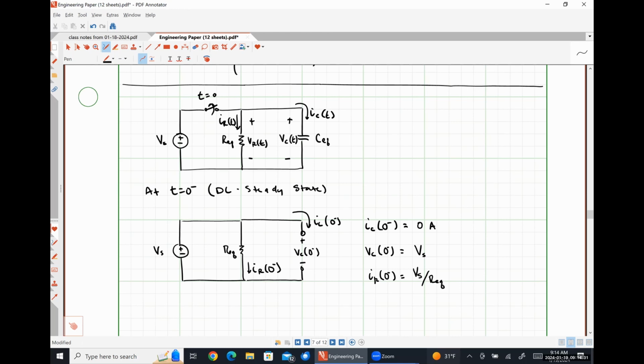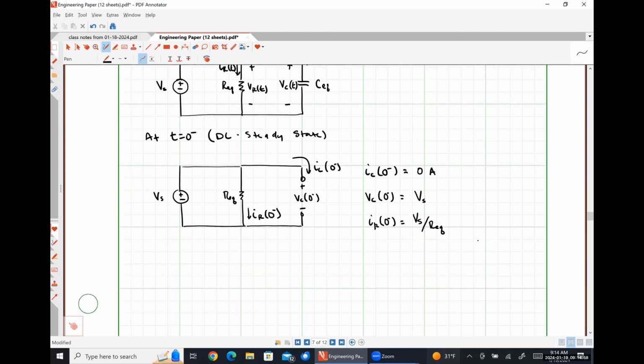When our switch opens up, the capacitor is going to gradually transfer all of its energy to the resistor, Req, which is going to convert that stored energy into heat until we hit the end of our transient condition at t is equal to infinity, where all of our signals have died out. So we're not going to worry about analyzing things at t is equal to infinity because we know it really shouldn't do anything. So now let's just look at what's going on during the transient condition.